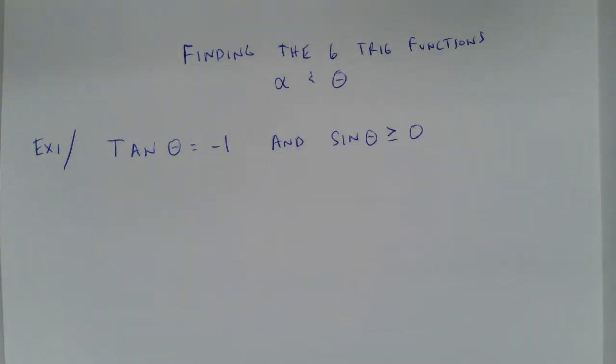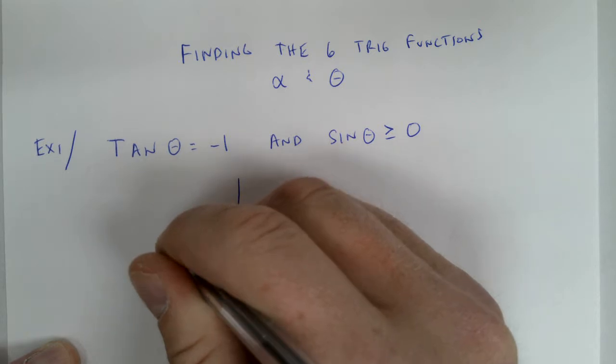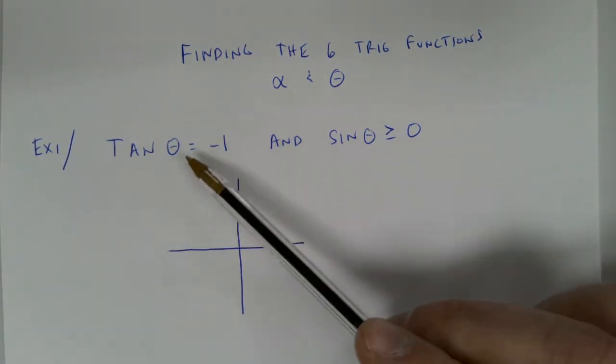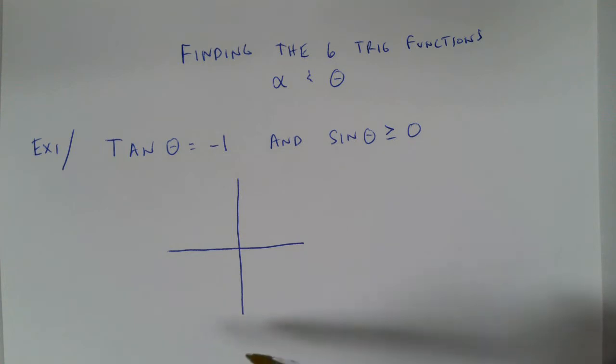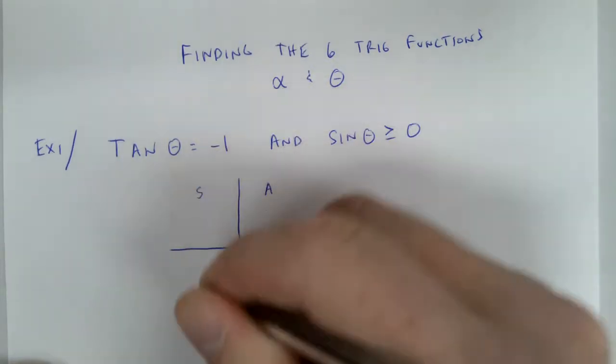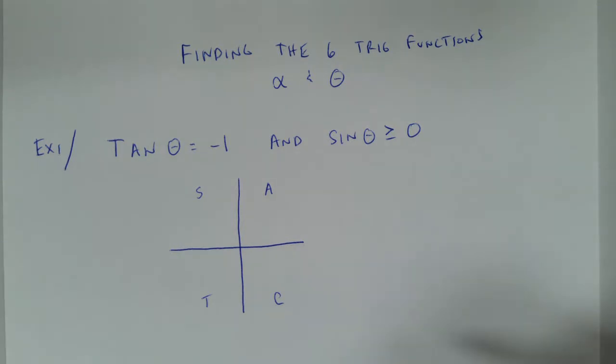So the first thing that we want to figure out is what quadrant we're in. We're still going through that process of figuring out where we're going to be around the unit circle. It says tangent theta is -1. Think about our little saying, all students think college.